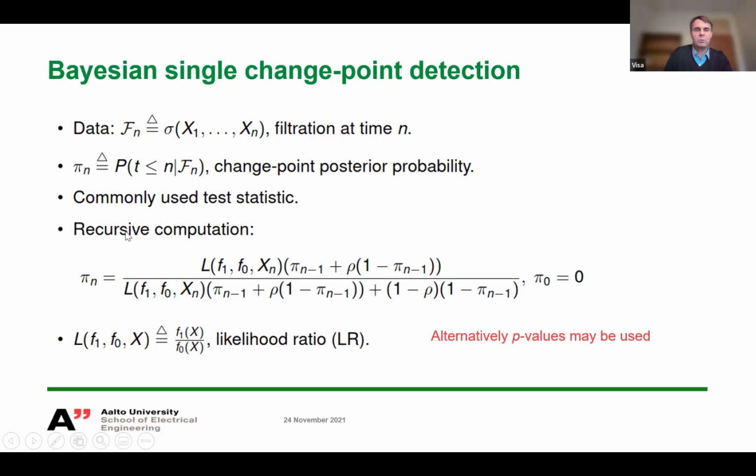In this example, since we assume that we know the probability models, we are using likelihood ratios in this recursive form. So you have the likelihood ratio here, and then also this prior model, and then the previous posterior probability for the change. This rho here is related to the geometric distribution. You could also use p-values for a similar formula here, but just to illustrate the idea, likelihood ratios are used.